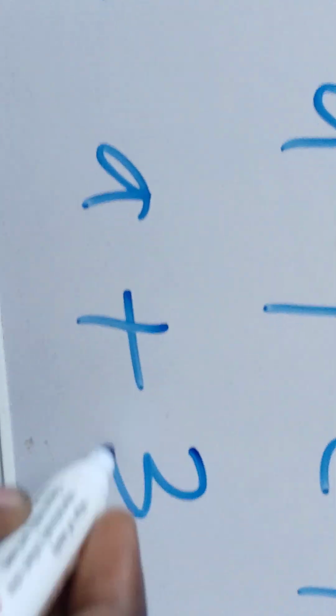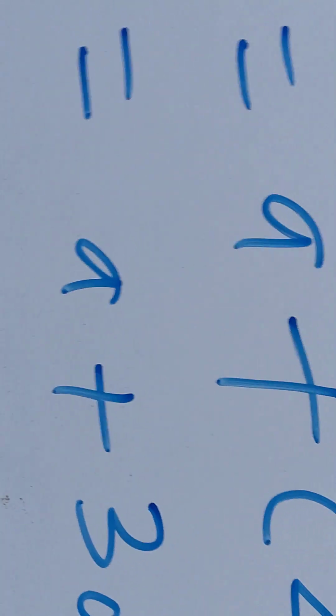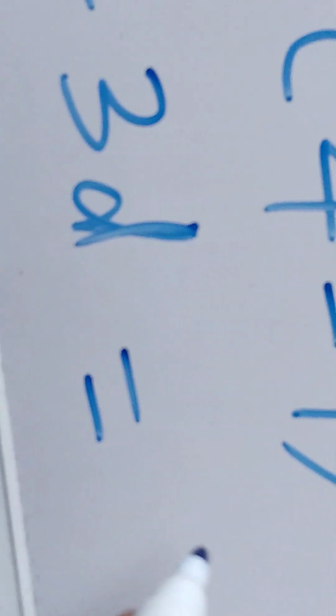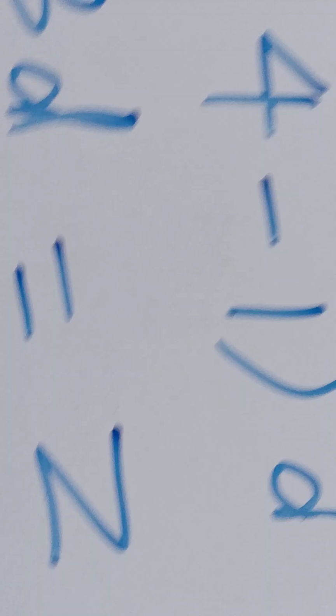We're having A plus 3D equal to Z. Remember that the value of the fourth term, T4, is equal to Z. So I equate my fourth term to Z.